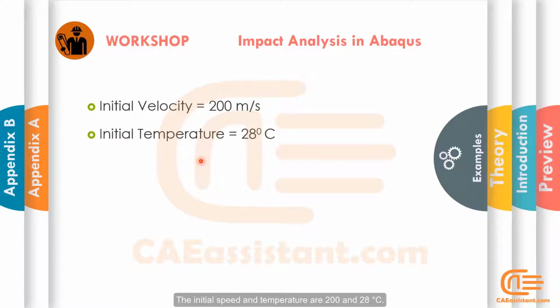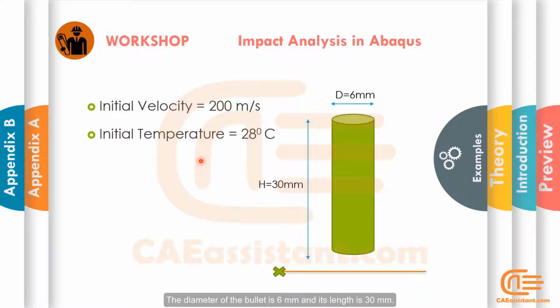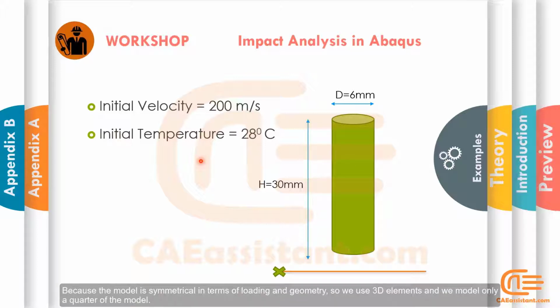The initial speed and temperature are 228 degrees Celsius. The diameter of the bullet is 6 mm and its length is 30 mm. Because the model is symmetrical in terms of loading and geometry, we use 3D elements, and we model only a quarter of the model.